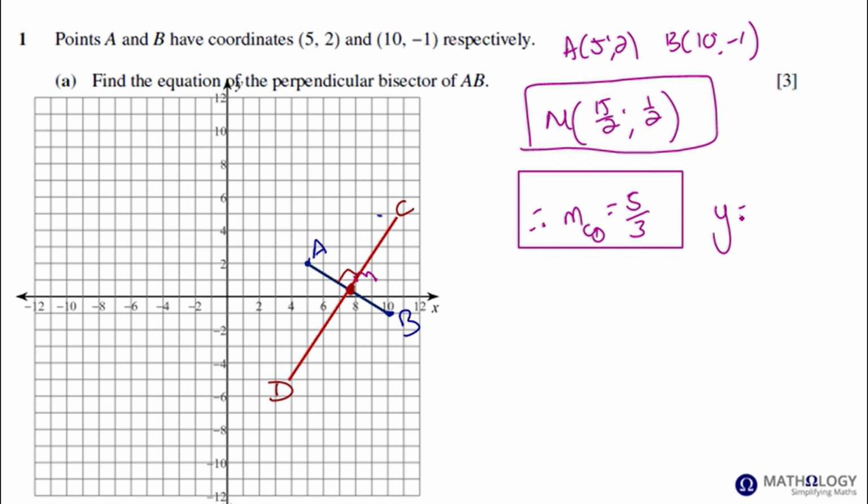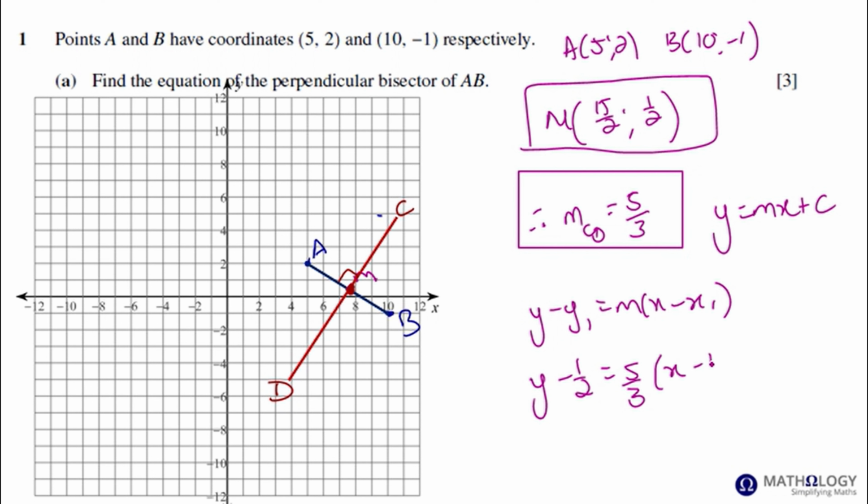We can use y equals mx plus c, but it's far quicker to use y minus y1 equals m times (x minus x1) to find the equation of CD. So y minus a half equals 5 over 3 times (x minus 15 over 2).